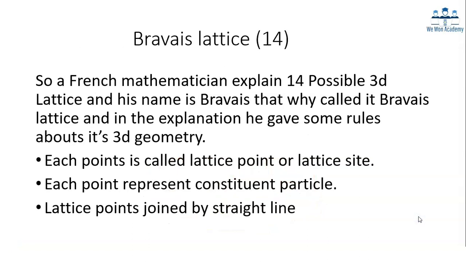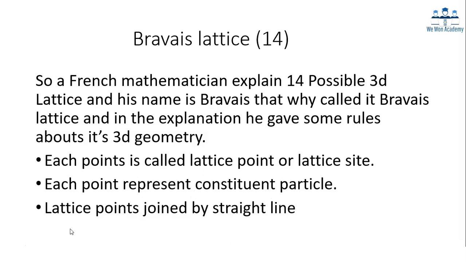Now we will talk about a French mathematician, Bravais, who explained 14 different possible 3D lattices, which are named Bravais lattices. Before defining them, some points are as follows. Each point is called a lattice point or lattice site. Second, each point is represented by a constituent particle.